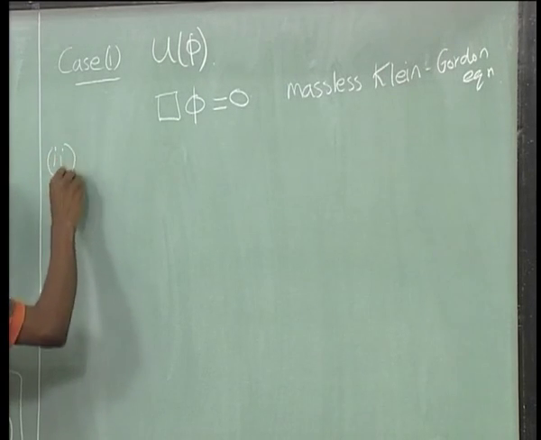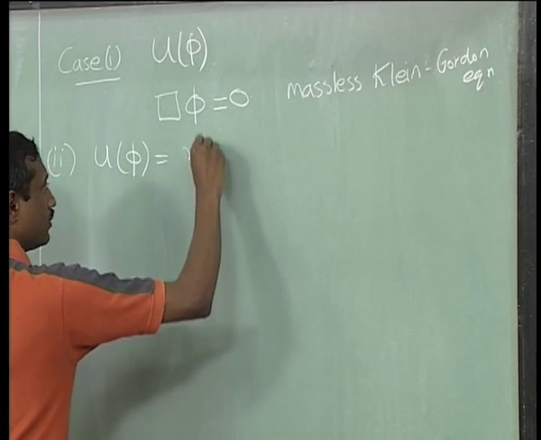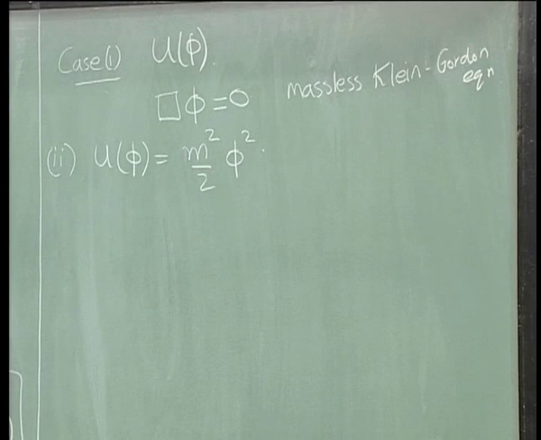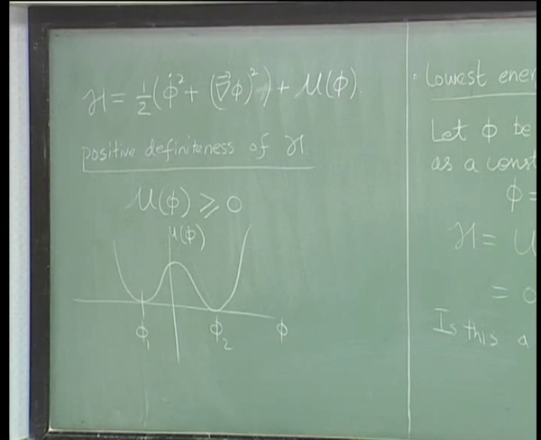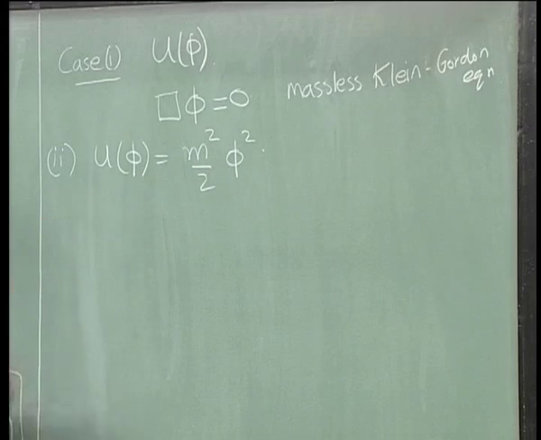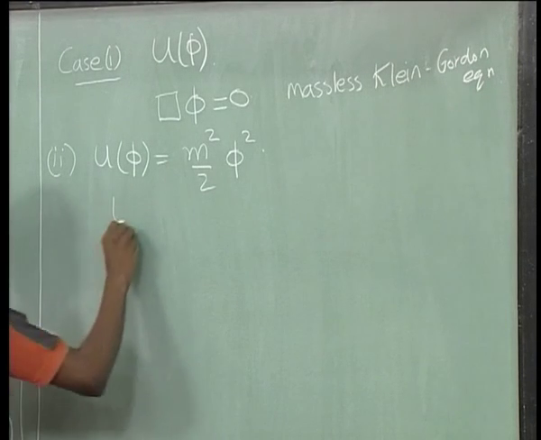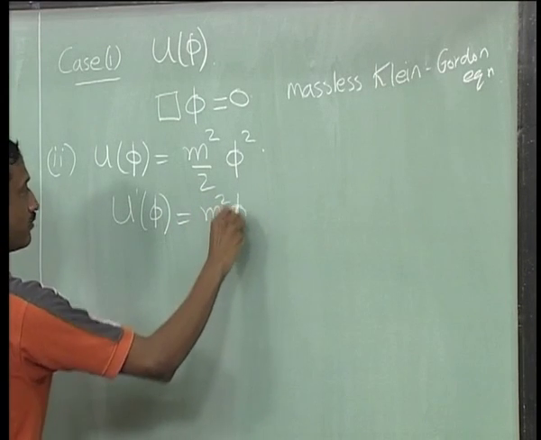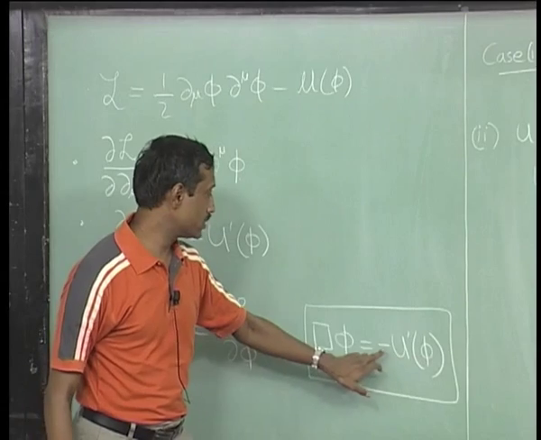Second case is to take u of phi equal to m square by 2 phi square. Okay. This satisfies the condition which I wrote. If you plot u of phi versus phi, you just have a parabola. Okay. So, if you rewrite this again, we can work out what u prime of phi is. It is just m square phi. And so, what we get here, so now this equation gets a contribution out here, there is a minus sign out here.